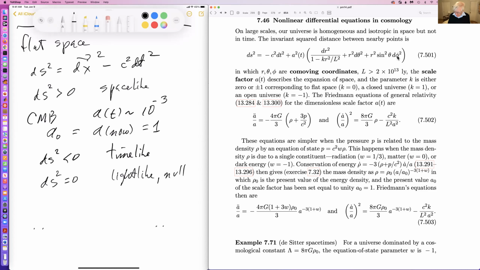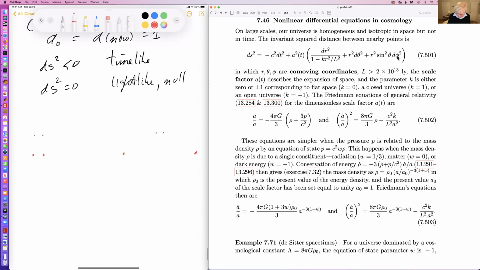But the physical distance, which I'll write in red, with the expansion of the scale factor, the distance will expand. So the physical distance at any time is A of t times the co-moving distance.